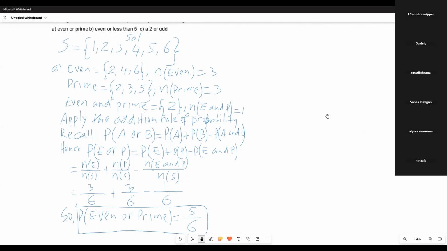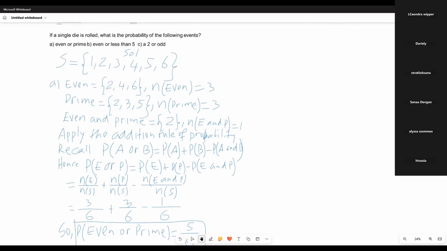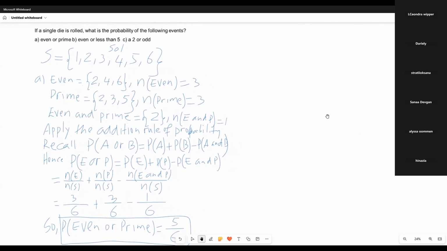That was part A. When you're done, let me know to move to part B. The sample space, we're talking about a die. So as you know, a die has 6 faces. That's the sample space: 1, 2, 3, 4, 5, 6.